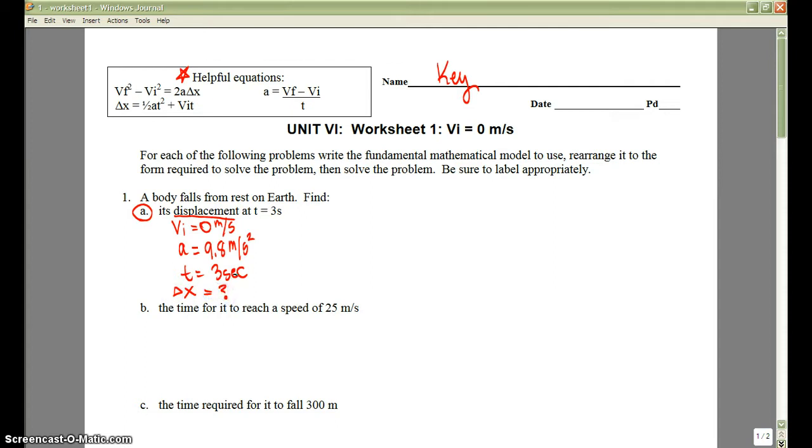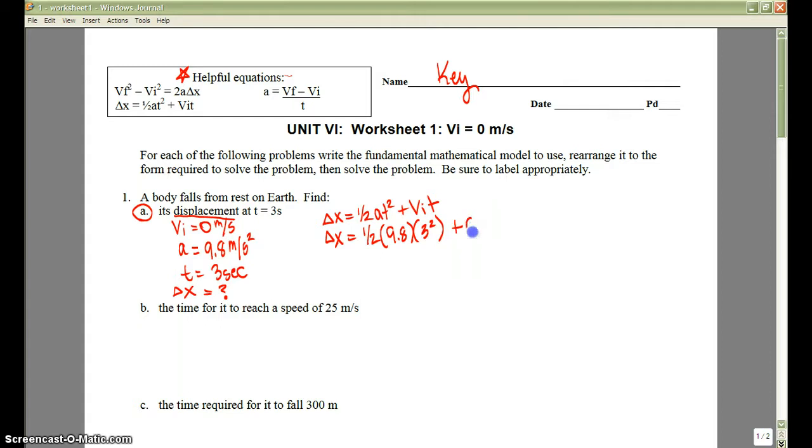So if we look at those things that we wrote down, go up and look at our helpful equations, which one of these has those variables present? Hopefully this was the equation you were looking at: 1/2 at squared plus v initial t. All we need to do now is plug in our variables and solve for x. We plug in 9.8 and our time of 3 seconds.